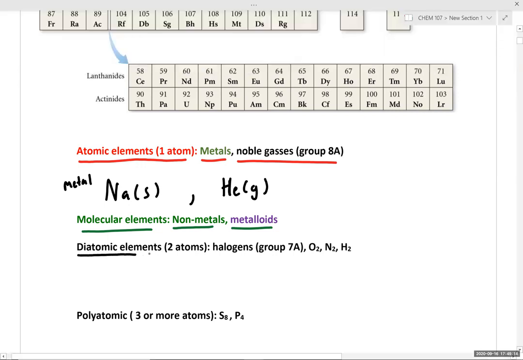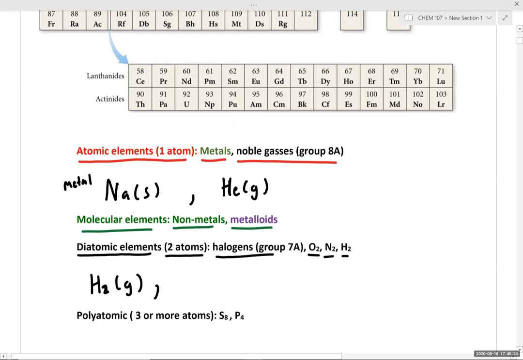Our diatomic elements consist of two atoms, which are primarily our halogens, oxygen, nitrogen, and hydrogen. So for example, hydrogen in its elemental form exists as H2 gas.